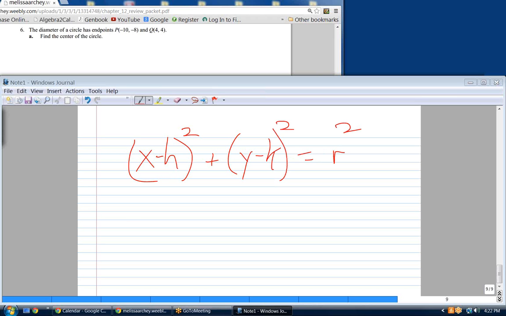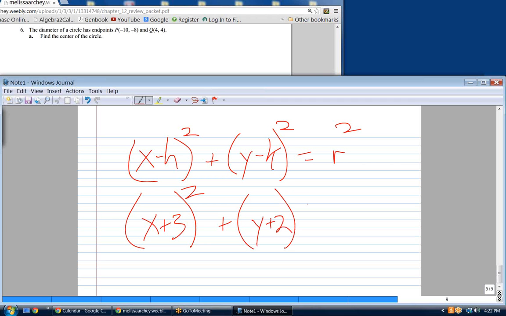Well, we just figured out what h was. H was minus 3, so this becomes (x plus 3) squared. K was minus 2, so this becomes (y plus 2) squared. And the radius squared is 85, because the radius was the square root of 85.